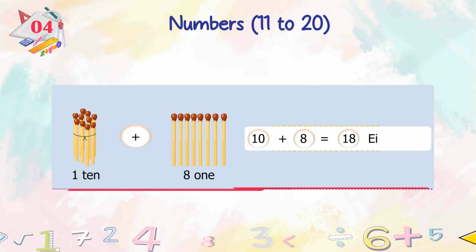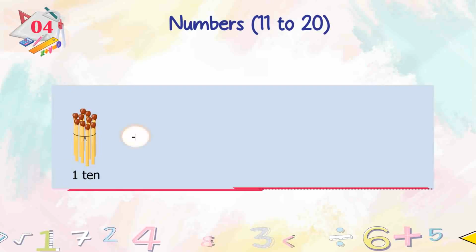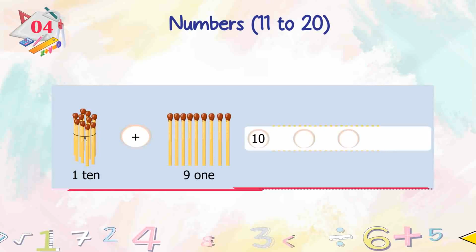E I G H T E E N. 1 ten plus 9 ones, 10 plus 9 is equal to 19. N I N E T E E N.